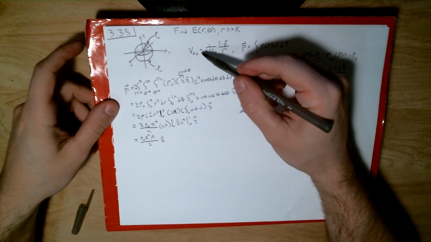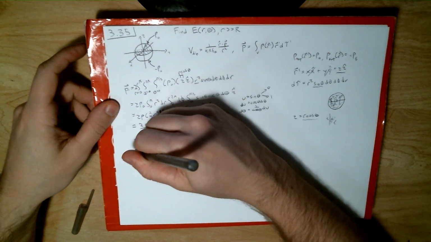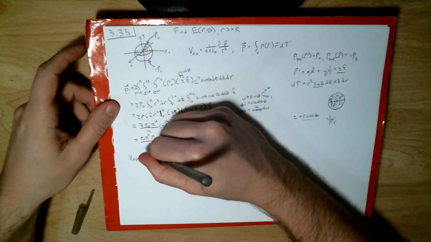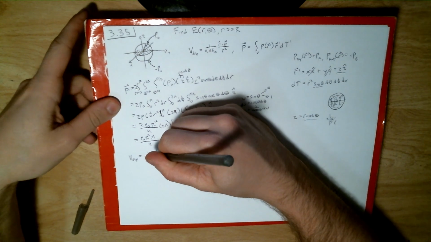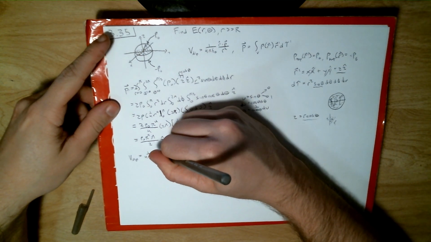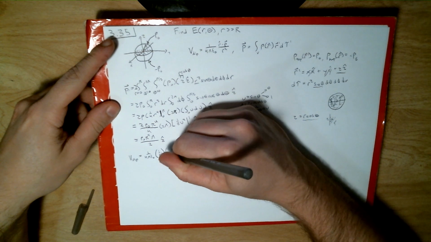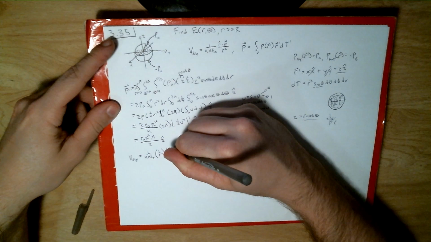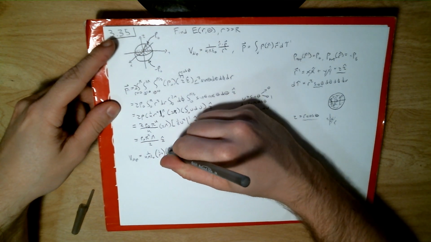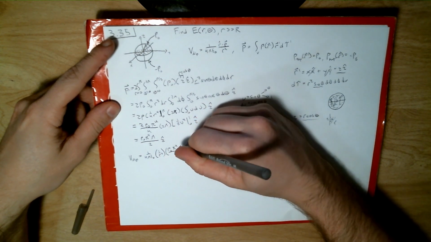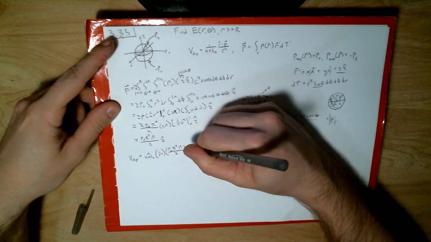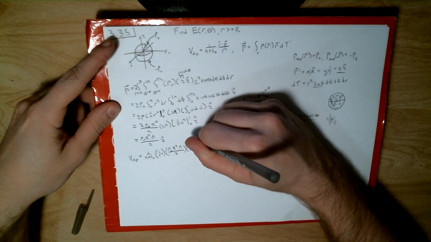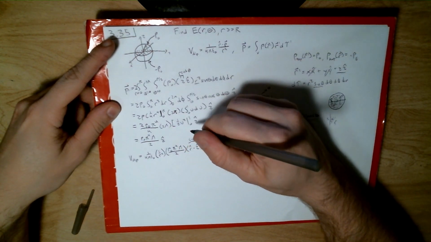Now plugging that in to our dipole potential, we will get our 1 over 4 pi epsilon naught, and then our 1 over r squared, and then pulling out everything that isn't just our z hat, r to the 4th times pi over 2, and then we're just going to have that r hat dotted with our z hat, and this is just going to be cosine theta because its magnitude is 1.